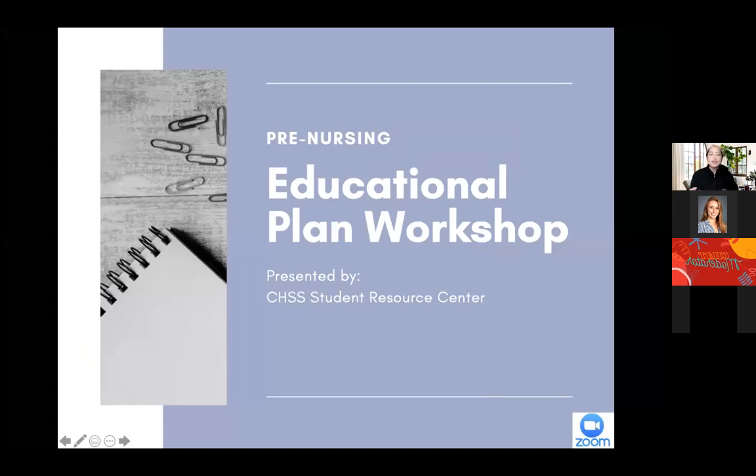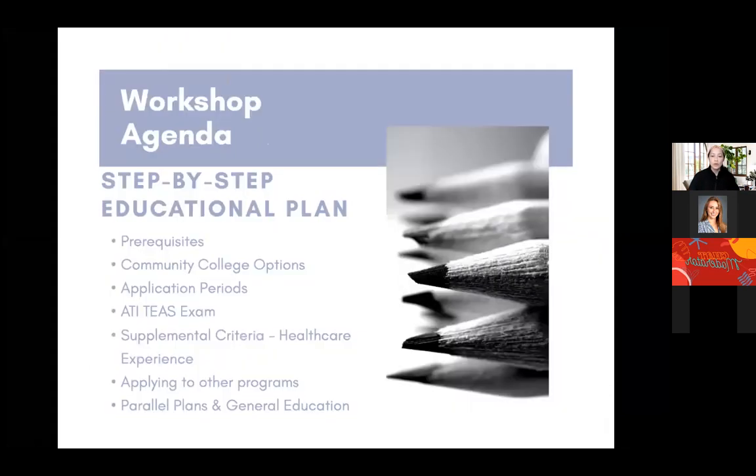As I mentioned, you're all here because you signed up to attend the educational plan workshop for pre-nursing students. Today we are going to remind you about the prerequisite classes you need to take in order to be eligible to apply to the nursing program. We'll talk about community college options.